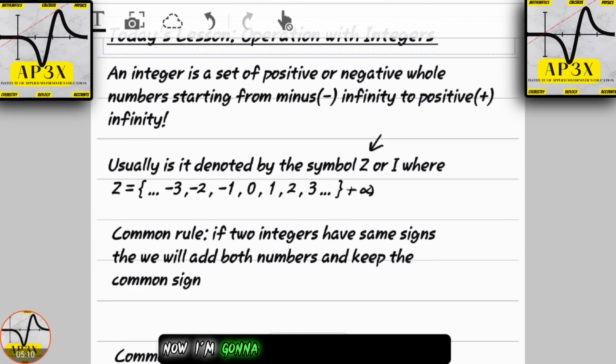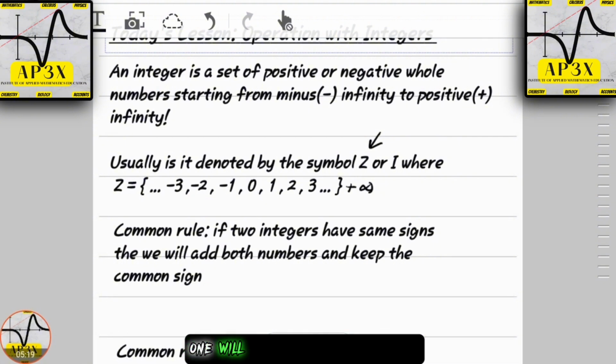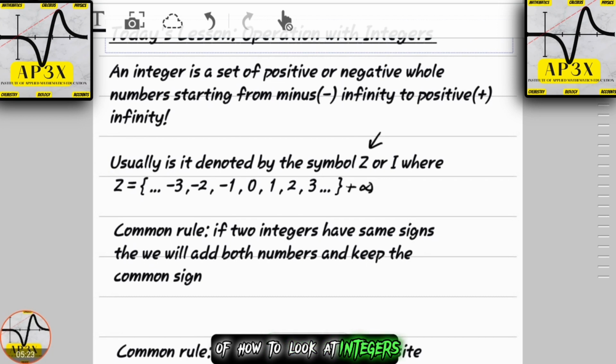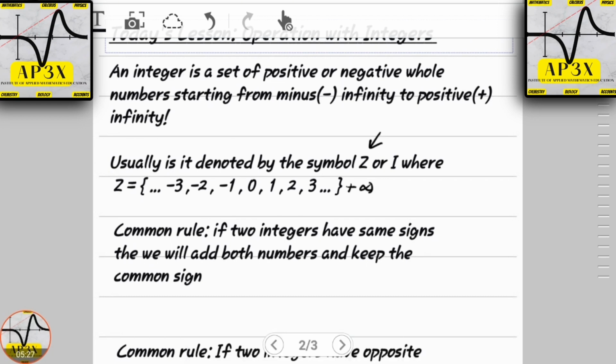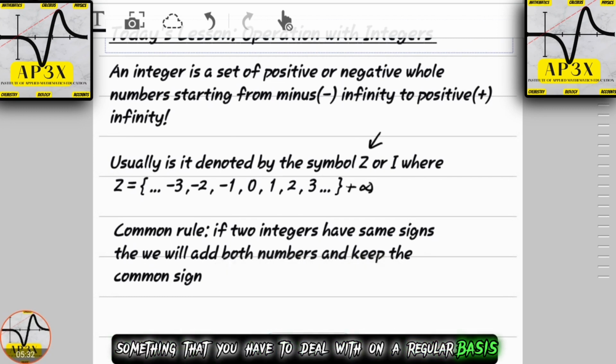Now, I'm going to be walking you through two mental methods in which we can look at this. One will be the textbook definition of how to look at integers, and one will be a more realistic approach towards the question, something that you have to deal with on a regular basis.